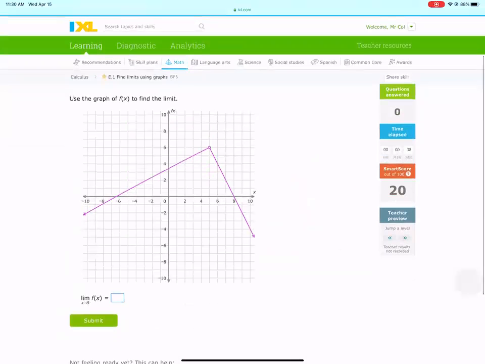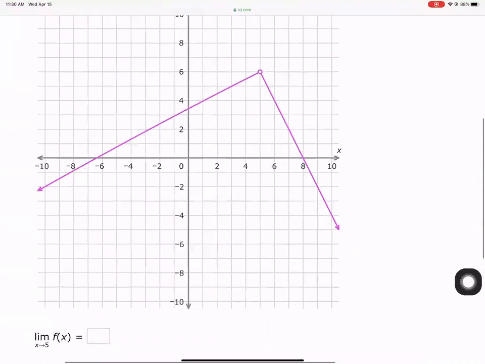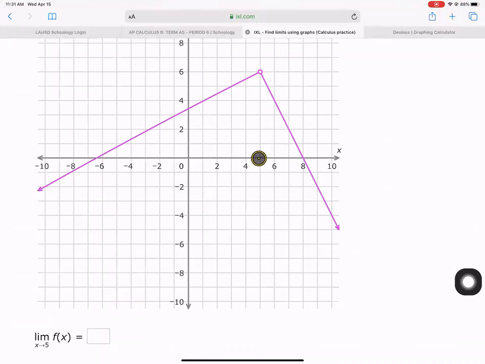The problem? What does the graph look like when x approaches 5? Let's go find it. 1, 2, 3, 4, 5, and you write 6. So does the left and the right side agree? Let's say I'm walking uphill. As you get closer to 5, we're reaching the y value 6.